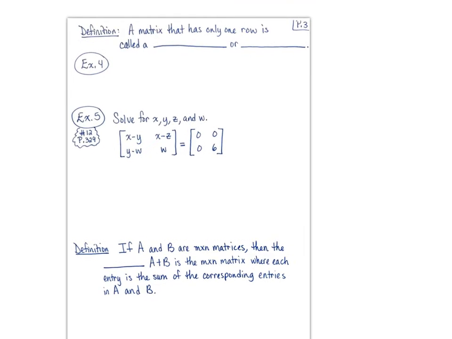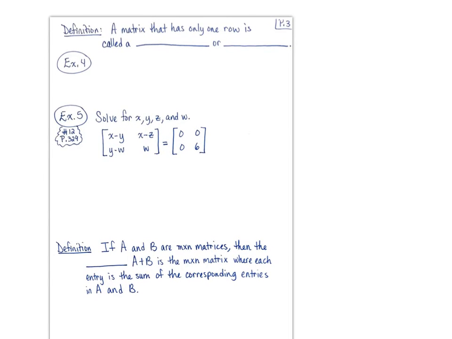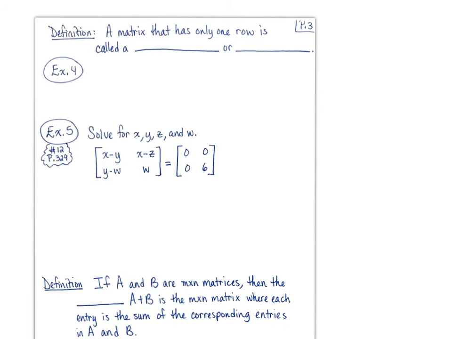Guess what a matrix that only has 1 row is called? Think about the previous one. It's a matrix, yes, but what kind? It's a row matrix or a row vector.